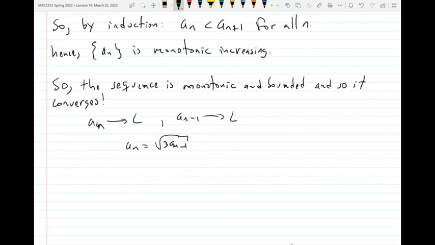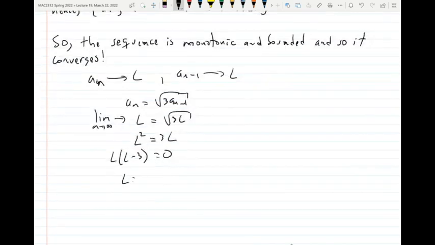When you take the limit as n approaches infinity, you get L equals the square root of 3 times L, and then you solve for it. L squared is 3L. So you get L times L minus 3 equals 0. So there are two choices: it's either 0 or 3. 0 doesn't make sense because the terms are all bigger than 0. So the sequence converges to 3.